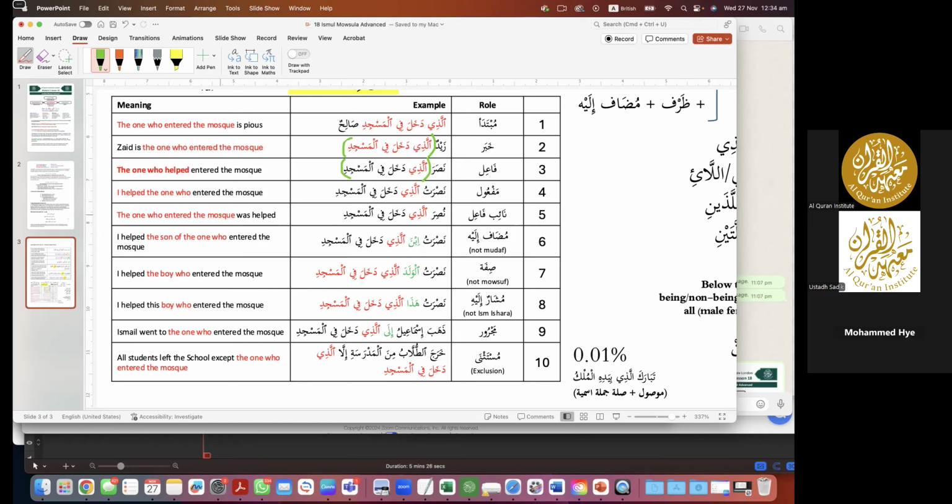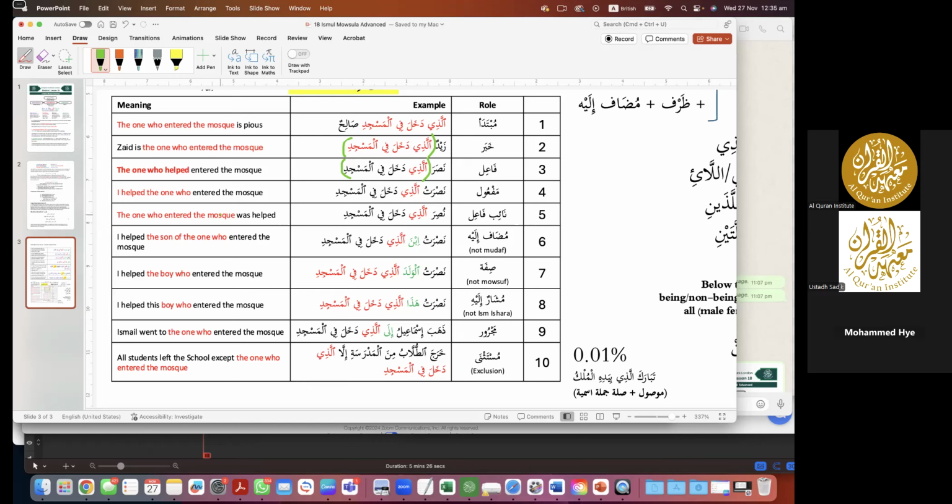In fact, the whole sentence is mustasna. Now, who is the mustasna minhu here? Kharajat tullabu, all the students. From all the students, the one who went to the mosque is excluded. So alladhi is part of the compound mustasna.